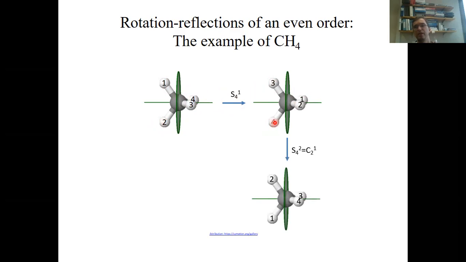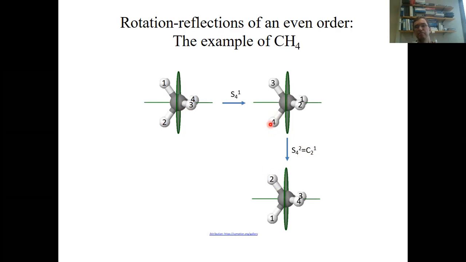Now when we do this a second time, this is the same as just rotating by 180 degrees, because when we reflect 2 times, that's as though we do not reflect at all. So in practice, we only rotate around 180 degrees as we go from here to here, not from here to here, okay?